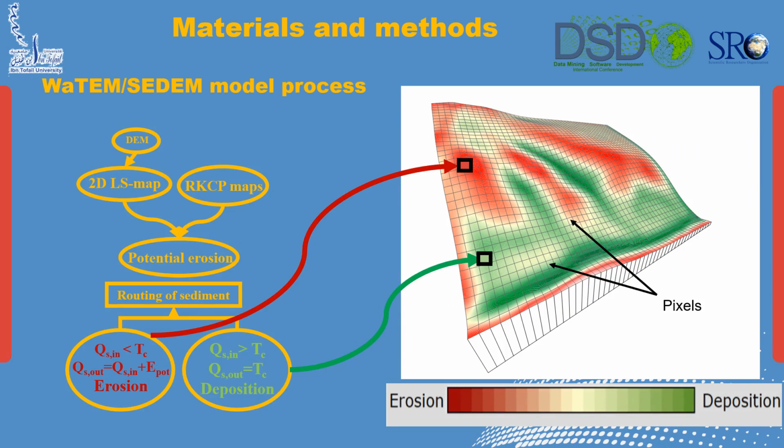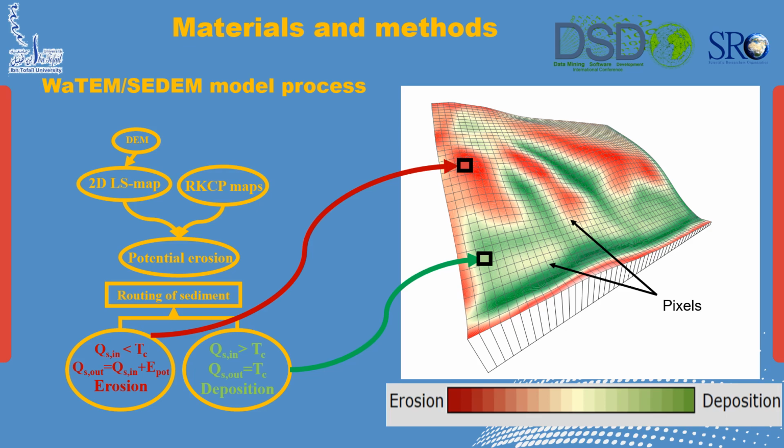The WATEM-SEDEM model process can be explained in the following steps. Firstly, we prepare the DEM of the study area for extracting the LS map, and we prepare all the maps for the different factors. WATEM-SEDEM calculates the potential erosion.